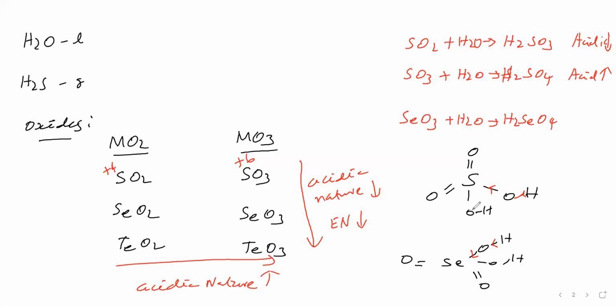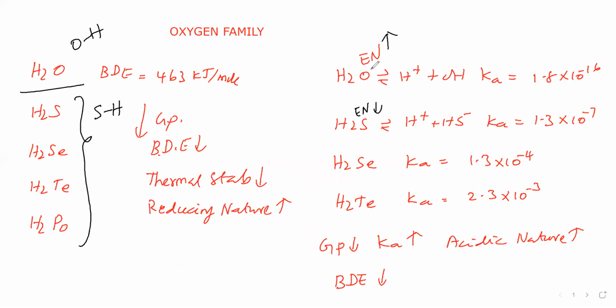In the oxy acids, down the group, acidic nature decreases, and we explain this using the electronegativity of the central atom. But just before, we discussed the hydrides of the oxygen family. Down the group, acidic nature increases, and we explain this using bond dissociation energy, but not electronegativity.